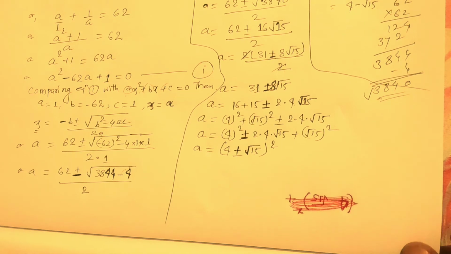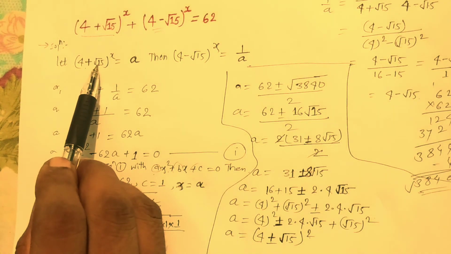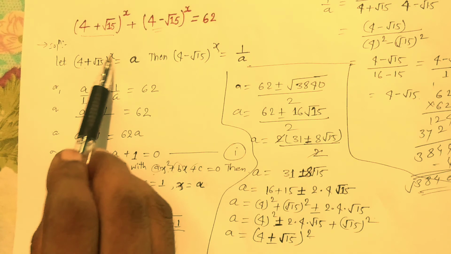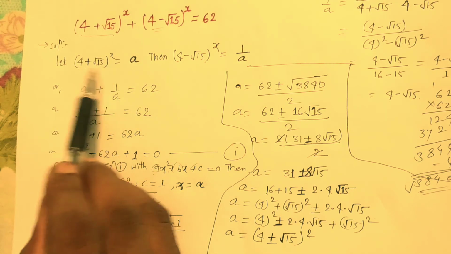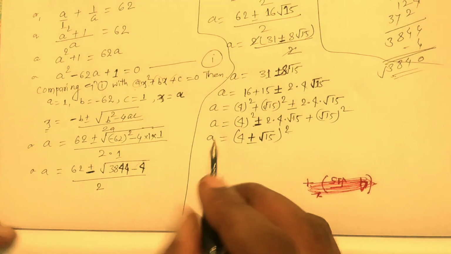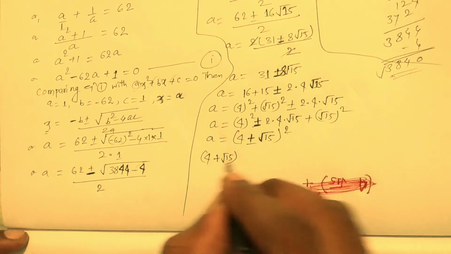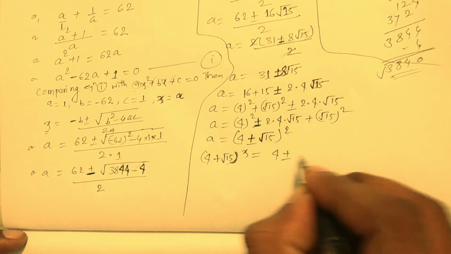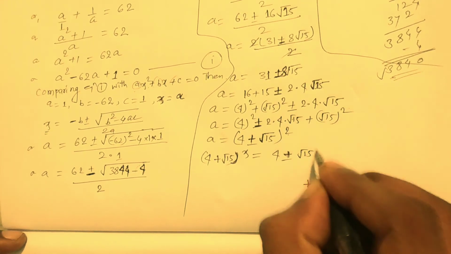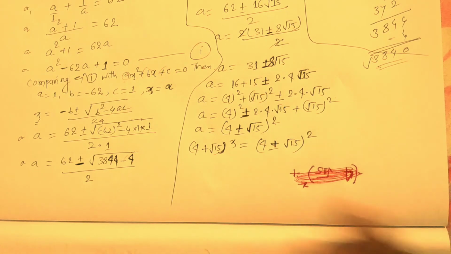Now actually we have to find the value of x, but we let (4 + root of 15)^x as a. So we can substitute the value of a as (4 + root of 15)^x. So (4 + root of 15)^x is equal to (4 ± root of 15)².